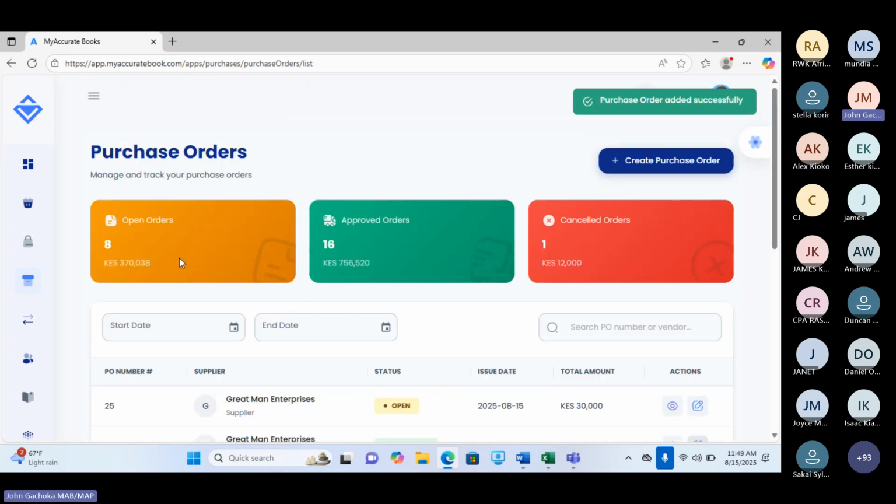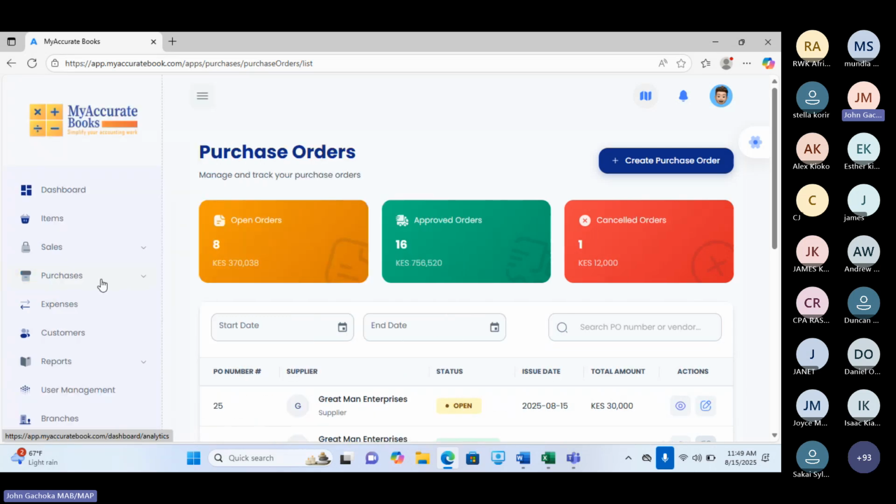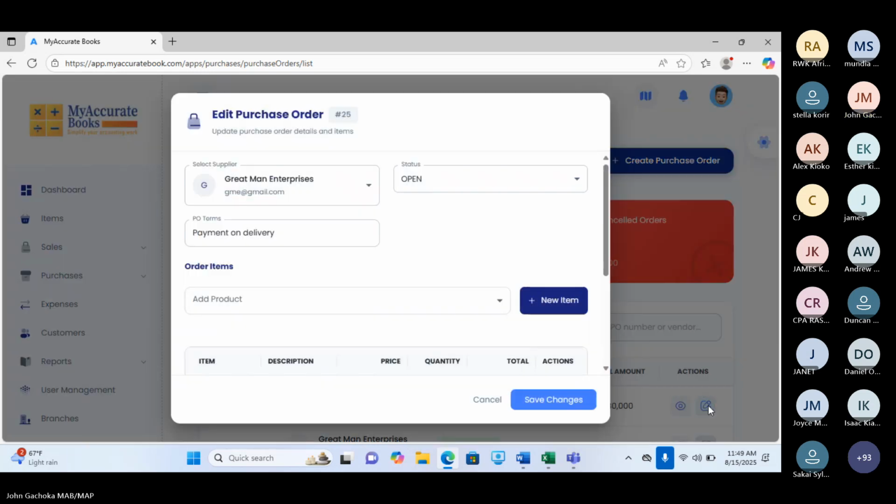Now, after that, it is listed as open because the supplier may not be having all you've requested. So when you come back under purchases, you can edit this status. If everything you've requested for is available from the supplier, you say this is approved.